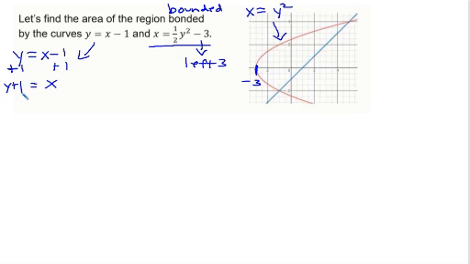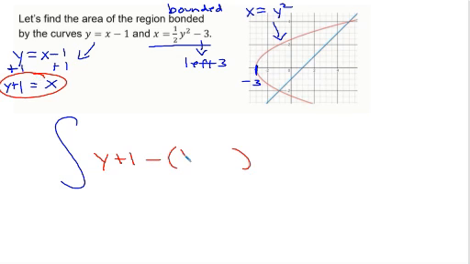Now I have both of my functions in terms of y. So if we're doing right minus left, the right function is the linear. So I'm going to have y plus 1 minus the left function. Make sure you put it in parentheses, 1/2 y squared minus 3.